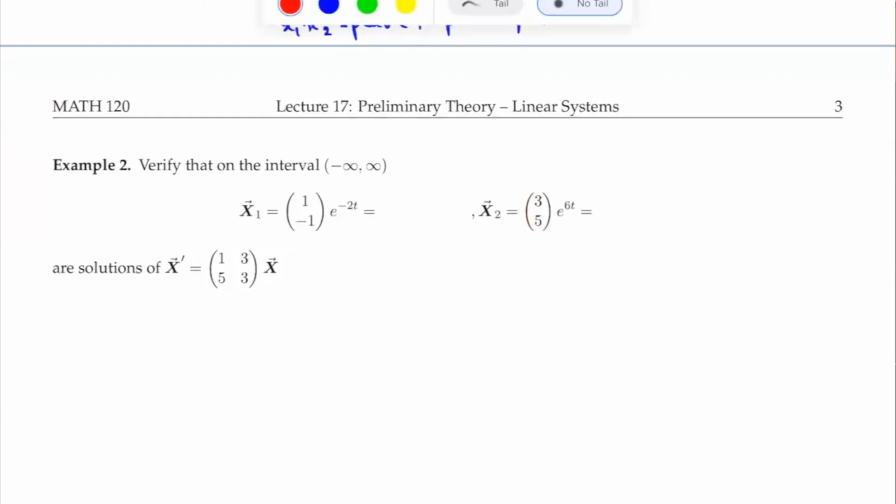And for x2, you have the coefficient vector 3, 5 multiplied with the function e to the 6t. It's convenient for us to check that these are in fact solutions to the given system. So x2 is 3 times e to the 6t, and 5 times e to the 6t.